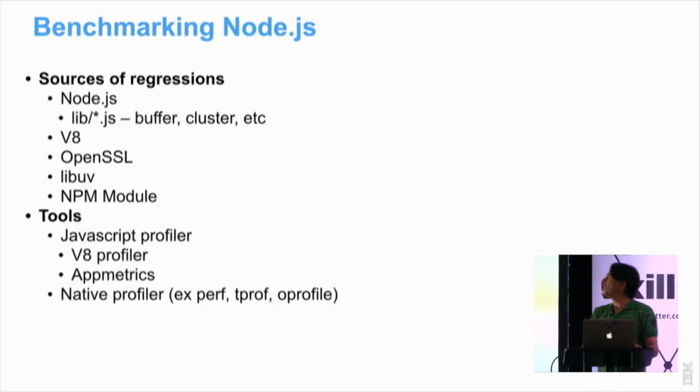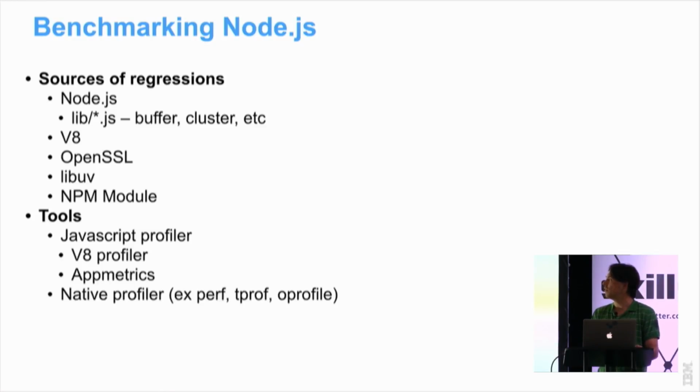So if we're looking at Node.js, we need to understand that there's a lot of places a regression could come from. It could be perhaps a change to some of the native JavaScript libraries. It could be that you've just upgraded to a new version of V8, a new version of Node that has pulled in a new version of V8.